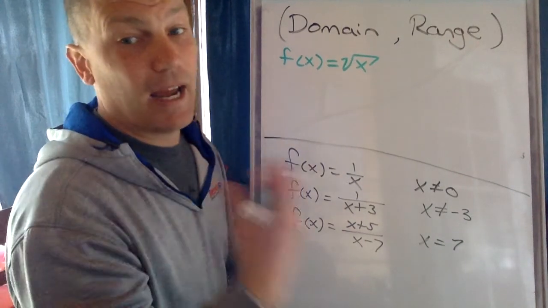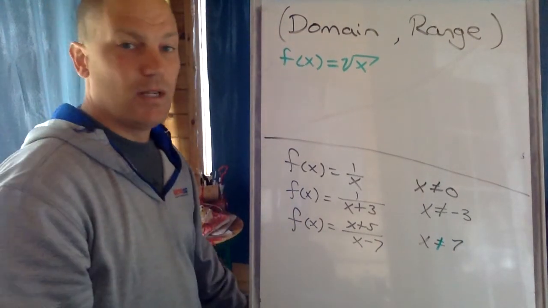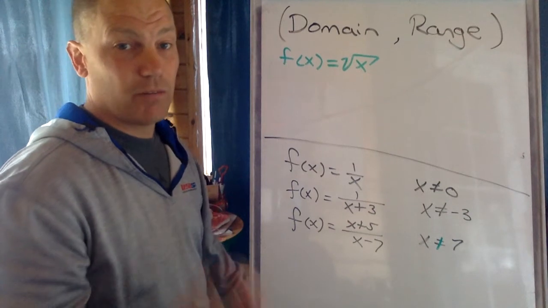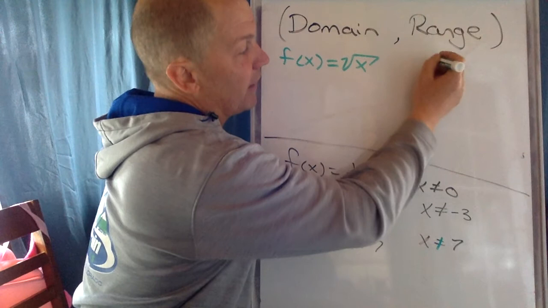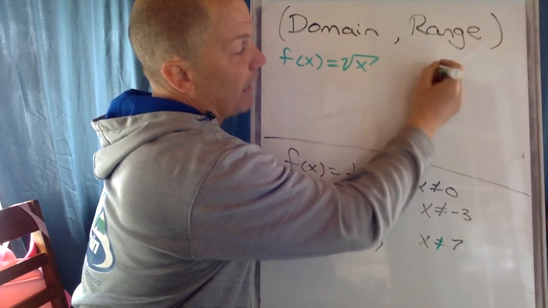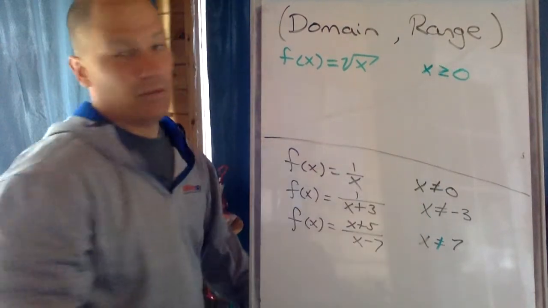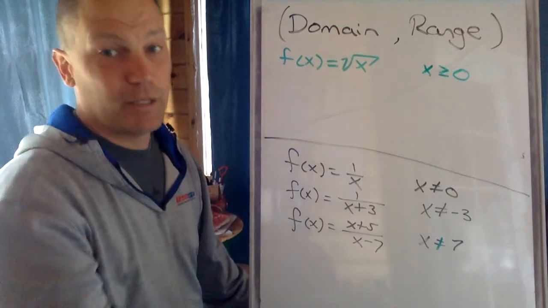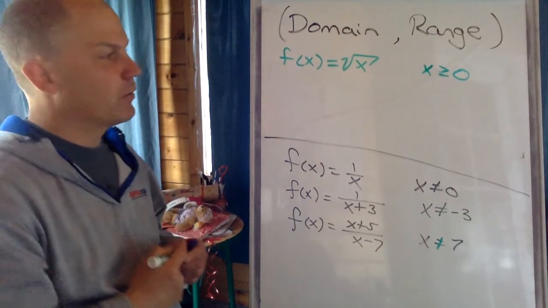The only numbers that we can plug in are the positive ones, right? So we could say that x has to be greater than or equal to 0, because 0, you can take the square root of that.